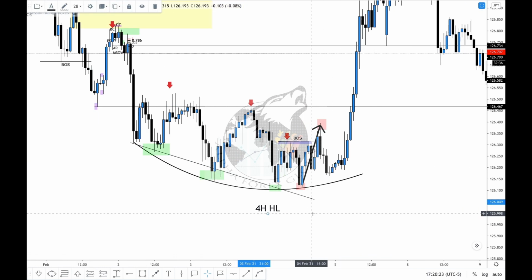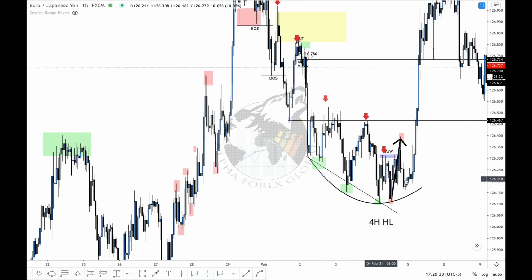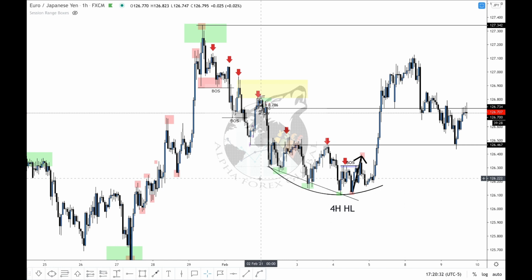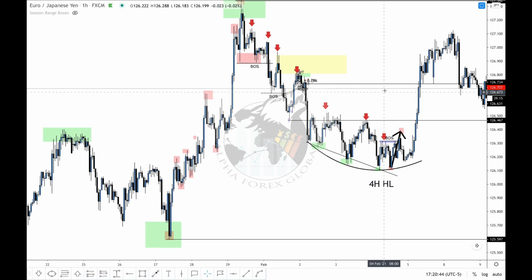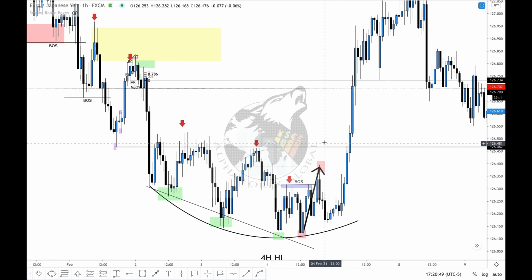If we identify this as a 4-hour higher low, it means that from a 4-hour higher low, we need to create a new high, right? So my target, if I get an entry here, will be at this high. This is where I'd be looking to take profits, because from a higher low, we need to create a higher high in an uptrend, right?